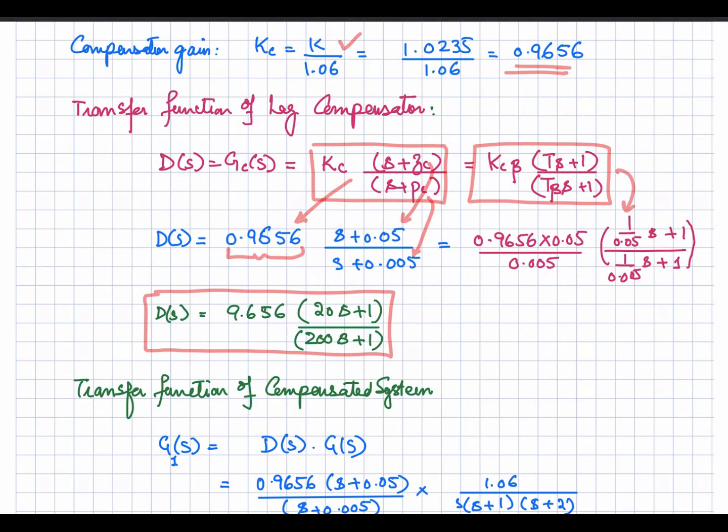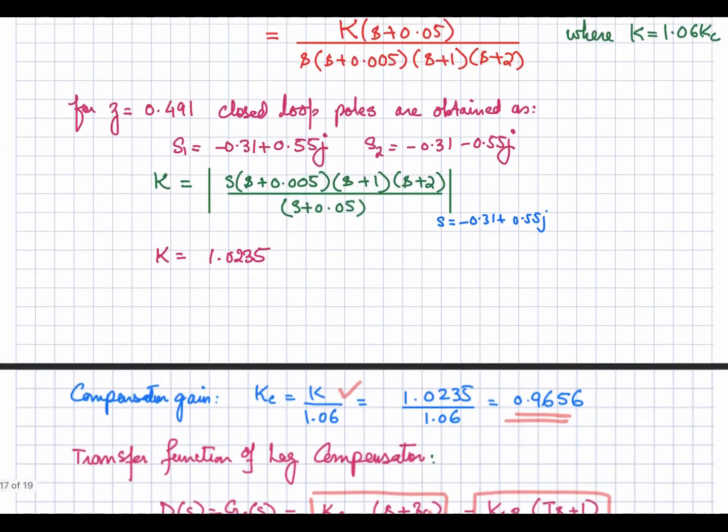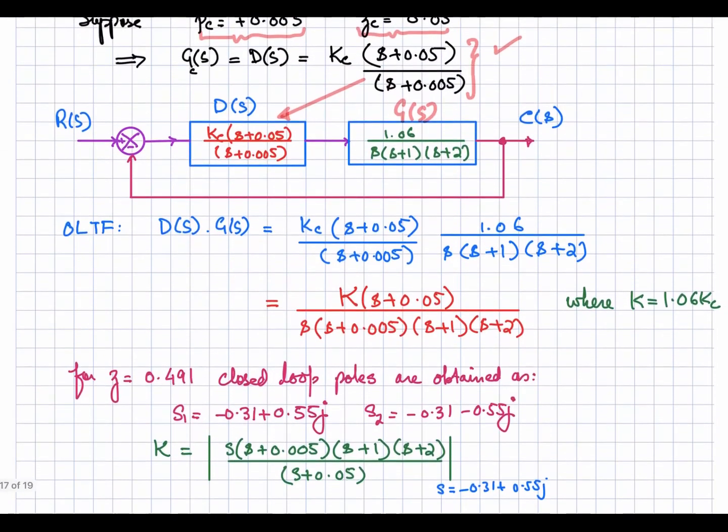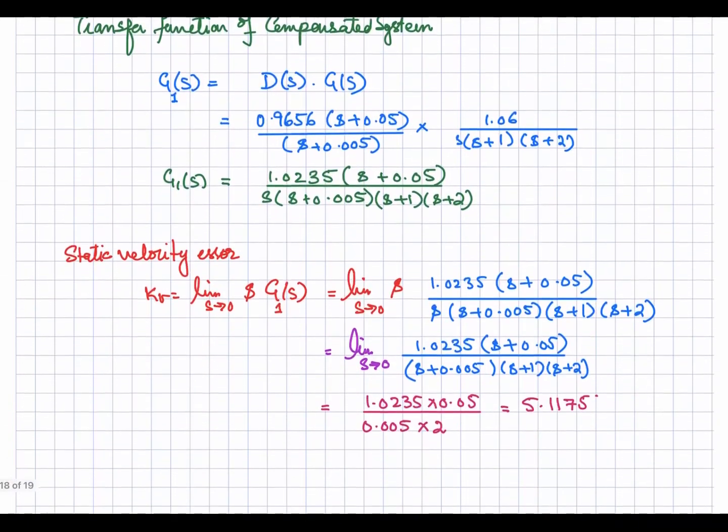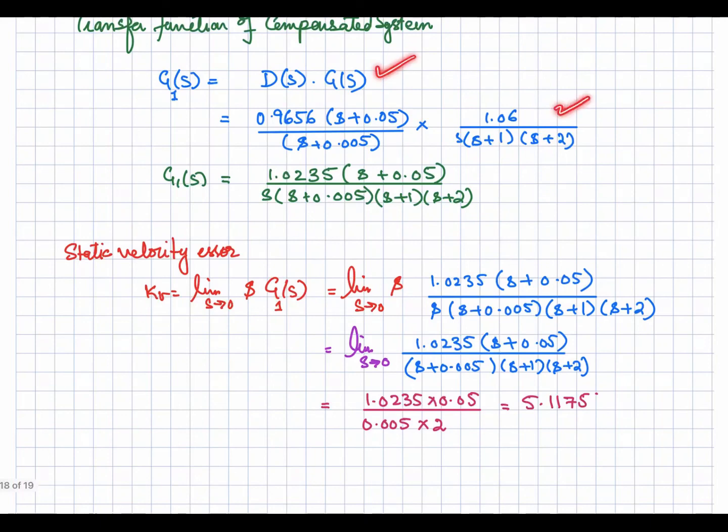Okay, so what will be the transfer function of the compensated system? The compensator transfer function multiplied with your system transfer function gives the transfer function of the compensated system. So that is equal to this one. Now if you look at the value of the static velocity error, we can check it by this expression: limit s approaching 0, s into G1(s), where G1(s) is the compensated system.